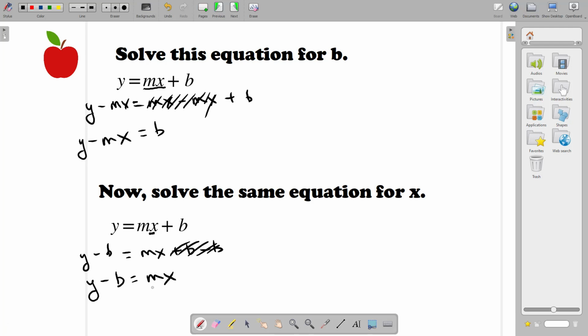To get x by itself, we need to divide by m, so I have to divide this side by m. The m's divide out, and we're left with y minus b over m equal to x.